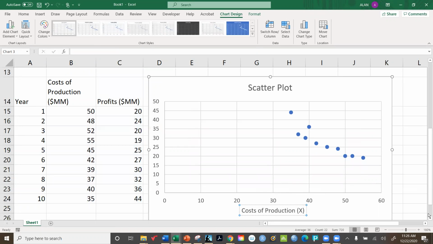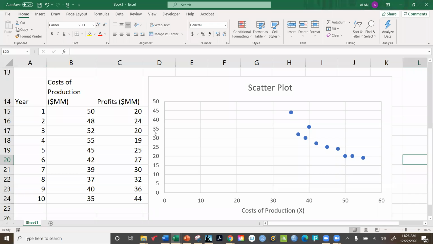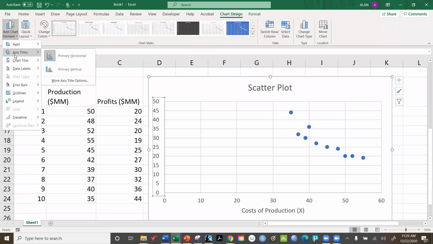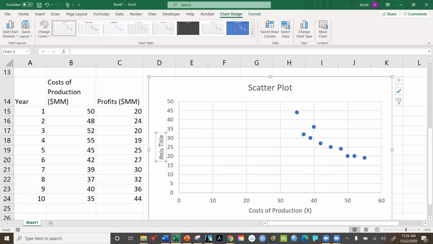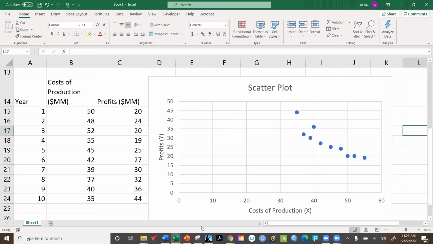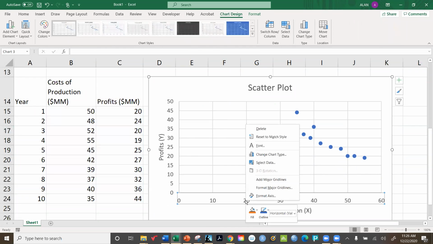X and Y over here will be profits, just like before. So, and I'll just clean it up a little bit here.